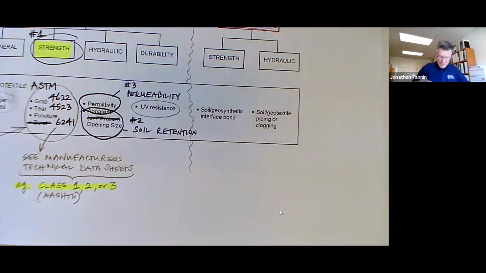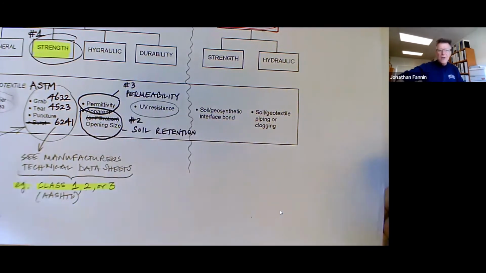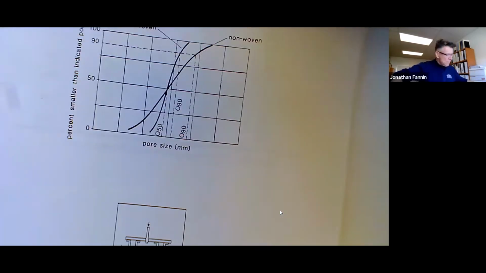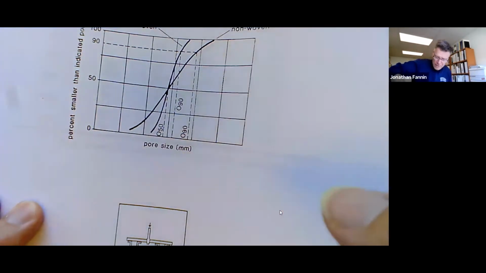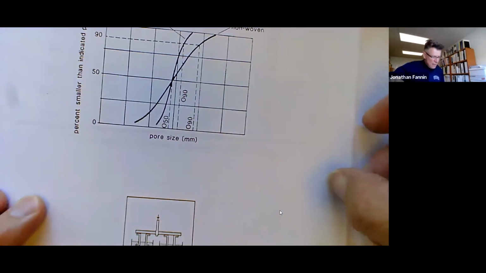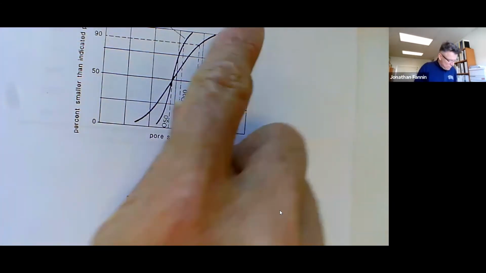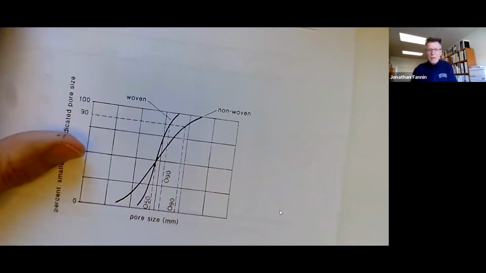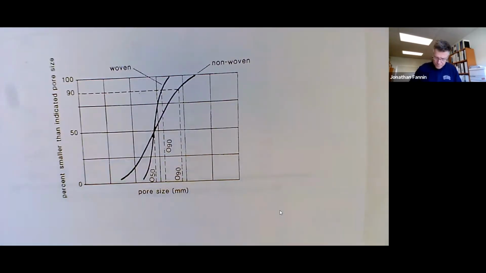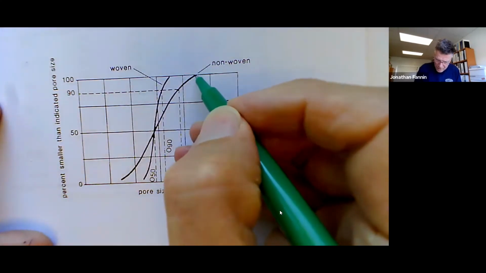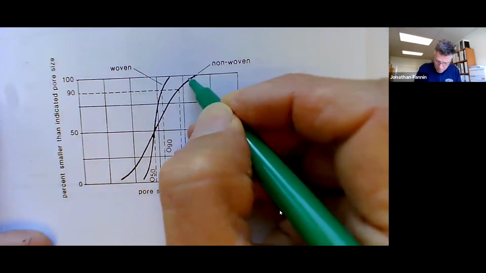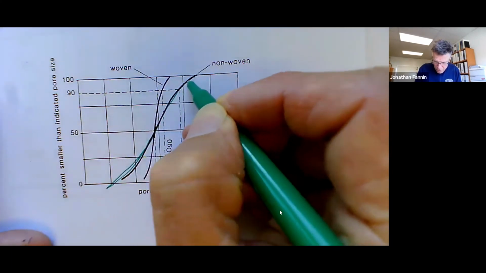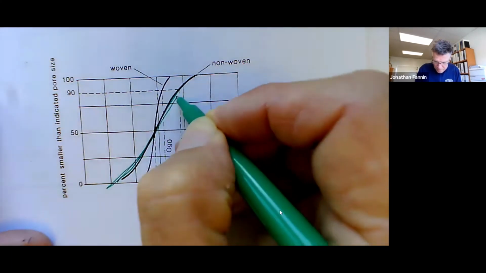And so we want to get the value of that apparent opening size, or AOS. Were I to illustrate the distinction there, I'd say that the non-woven geotextiles, which I had captured in green, have a broad range of opening sizes.